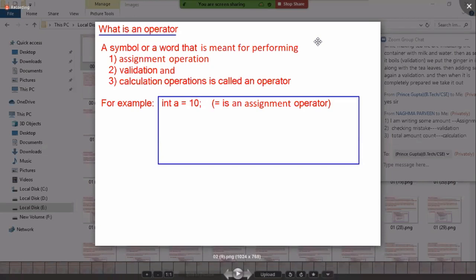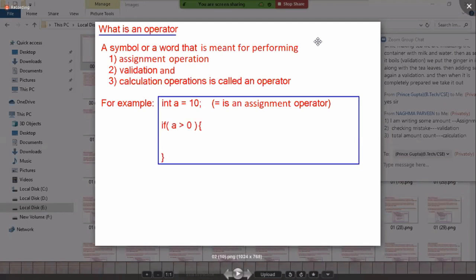That's why I want you to stop pronouncing it as equals to, and pronounce it as assignment. Int a assignment 10, or you can say 10 assigned to a variable. Pronounce it as assignment operator. So what operator have I used there? Assignment. So that in the exam you don't commit mistakes between the double equal to operator and the assignment operator.